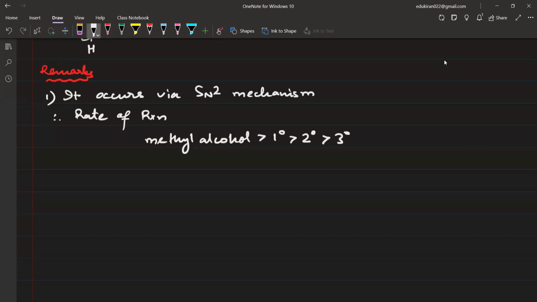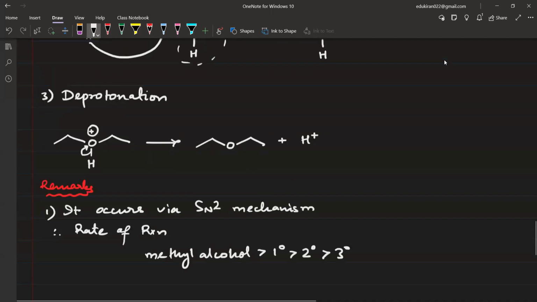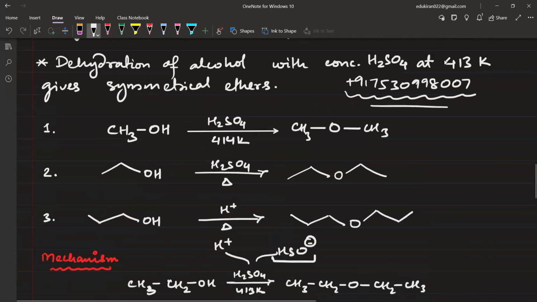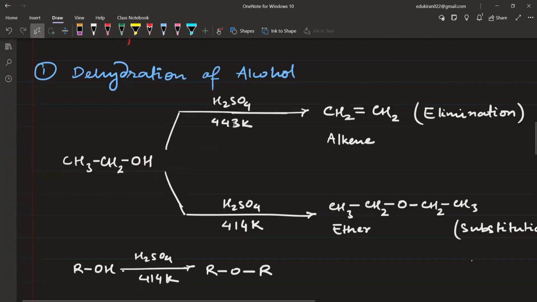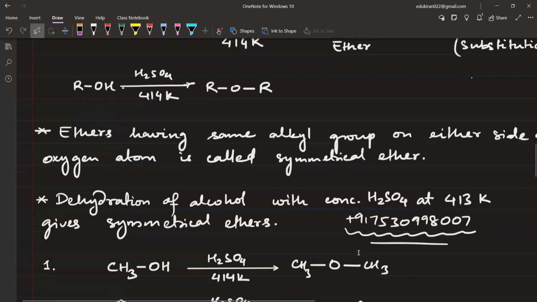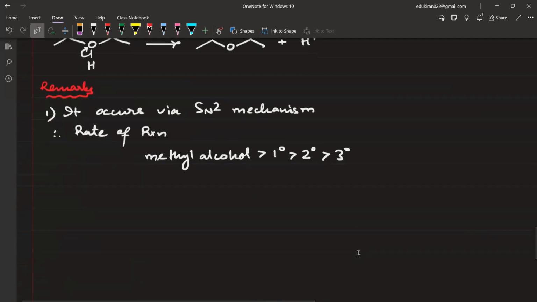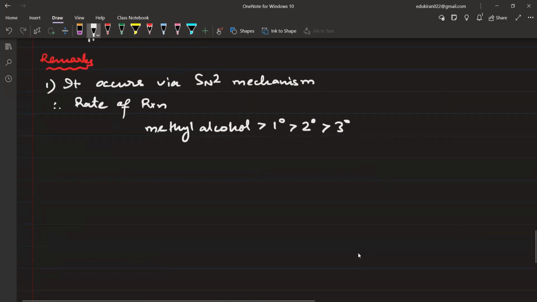Generally, 3 degree alcohols tend to form alkenes and go under elimination. Under the same conditions, you can form alkene as well as ether. So if you want to do substitution, that means ethers, you have to take 1 degree or methyl alcohol. 2 degree and 3 degree form a significant amount of alkene.